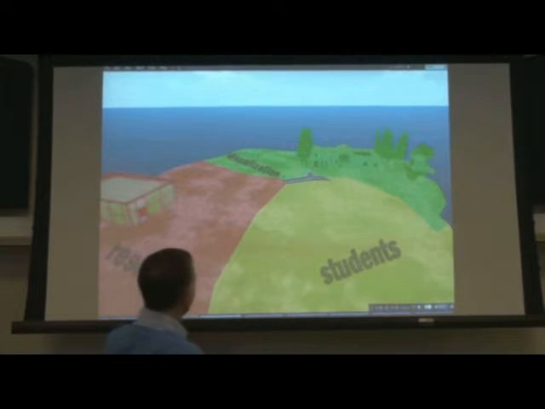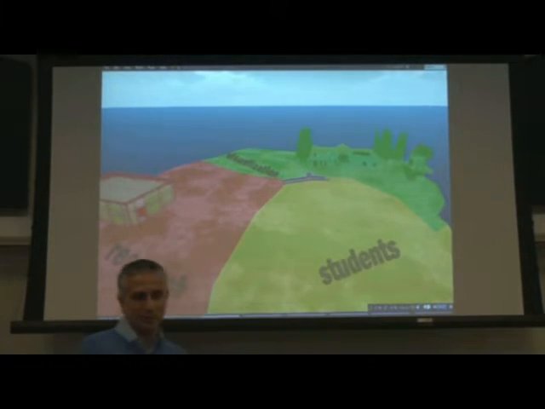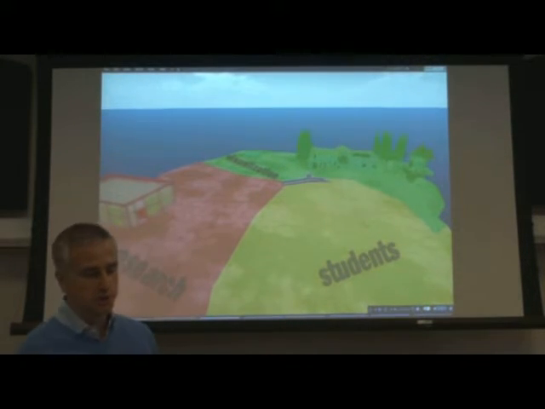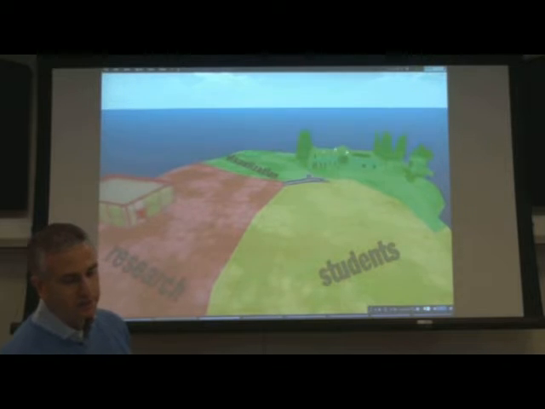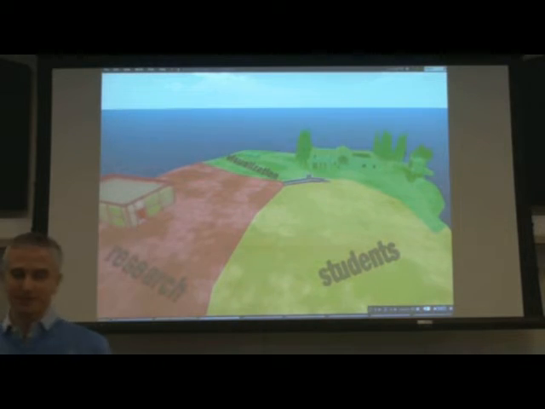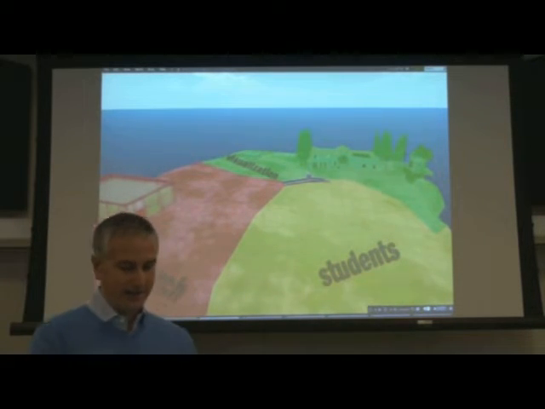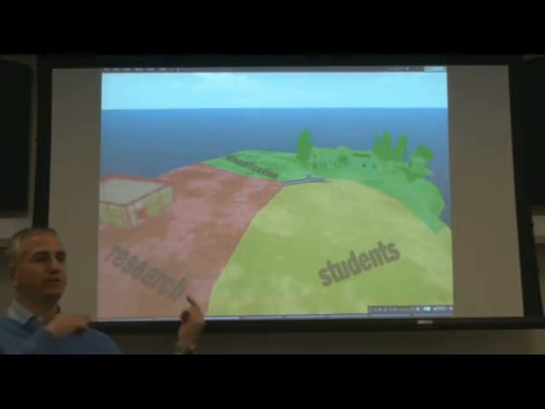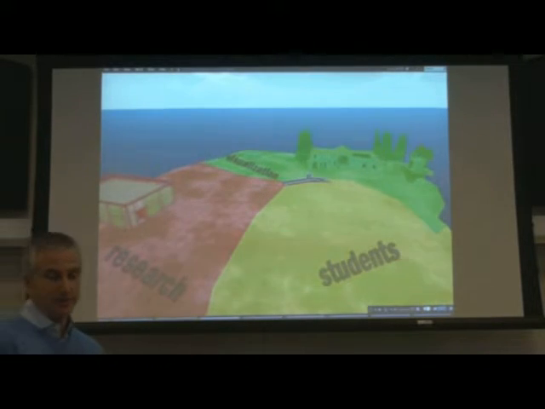Of course, there are no virtual borders, but the activity of research is in one part of the island, the activity of visualization, and the activity with students. Of course, any activity has exchange and mutual interaction with the other activities.